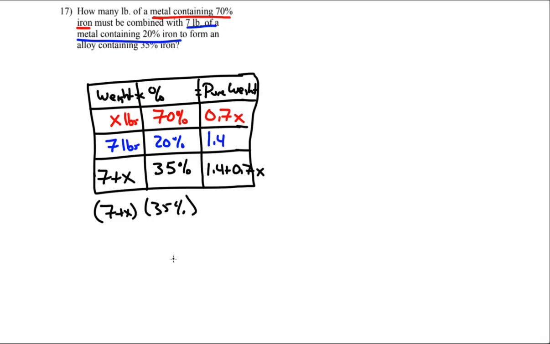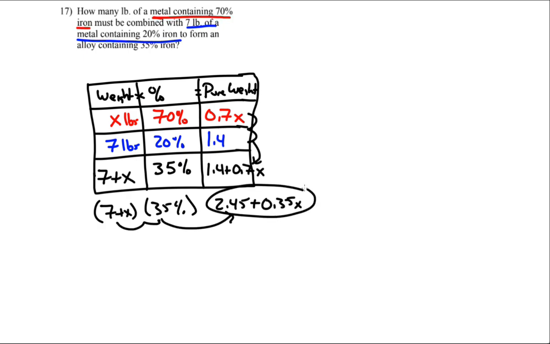So 35% times 7 is equal to 2.45. And if I distribute, I've got 2.45 plus 0.35x. And so if I add them this way from here to here, I get this, and if I multiply here to here and get this, I know that this thing here and this thing here must be equal. They're equivalent. They're the amount of pure weight we have.